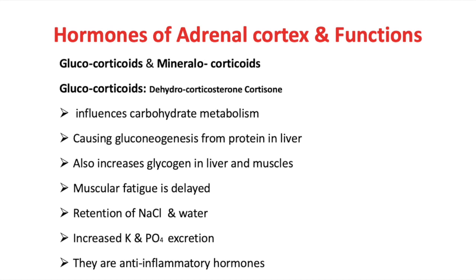They also increase glycogen in liver and muscles. Muscular fatigue is delayed because of them, and also retention of sodium chloride and water takes place. There is increased potassium excretion, and these hormones are anti-inflammatory in nature.